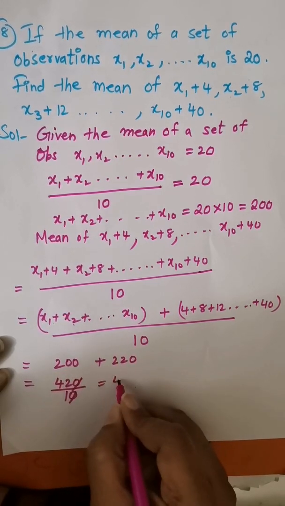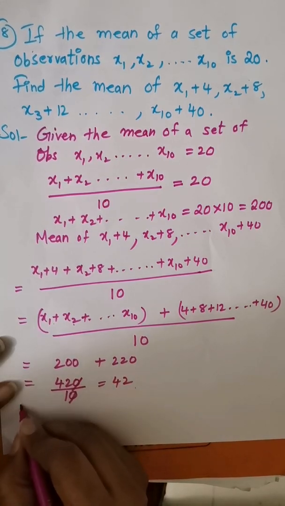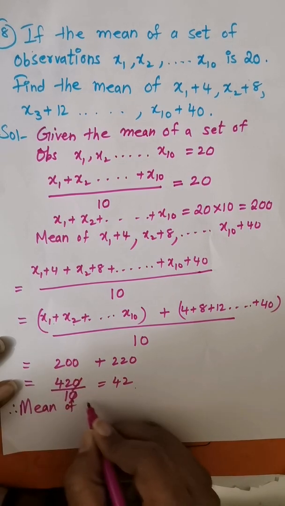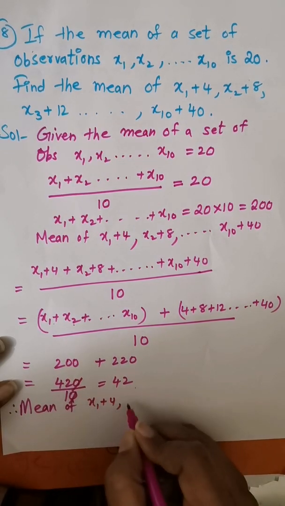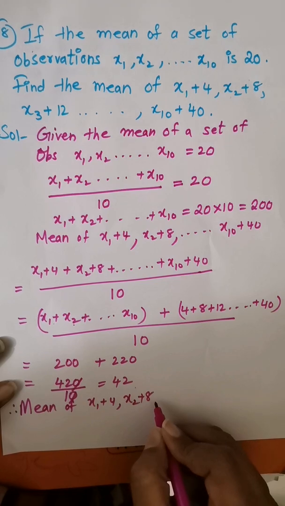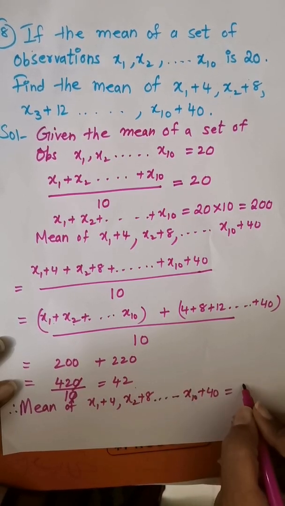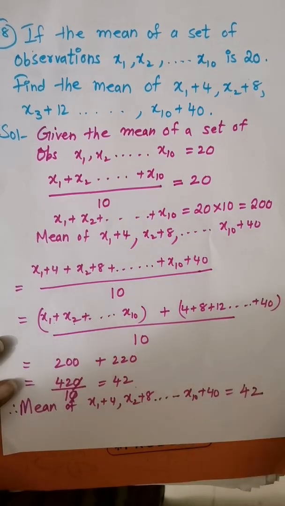The 0 gets cancelled. Therefore the mean of x1 plus 4, x2 plus 8, ..., x10 plus 40 is equal to 42.